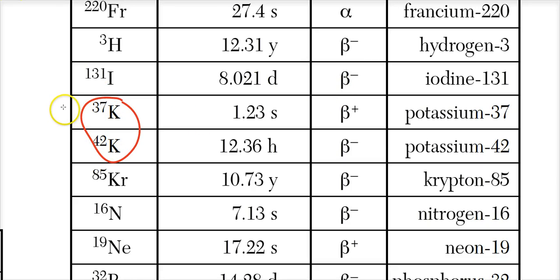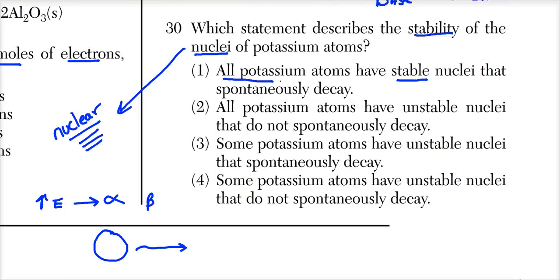So I see two potassiums that are listed as radioactive elements that undergo some kind of emission from their nucleus to change from an unstable high energy nucleus to a stable nucleus. And again, that's due to mostly the ratio of neutrons to protons when it was made. So potassium has examples of isotopes that are unstable in their nuclei based on table N. So all potassium have stable nuclei? No. All potassiums have unstable?